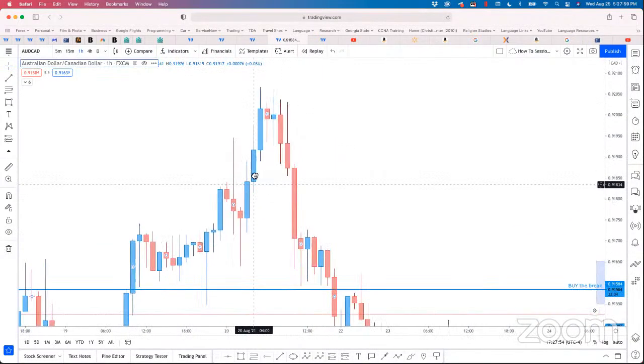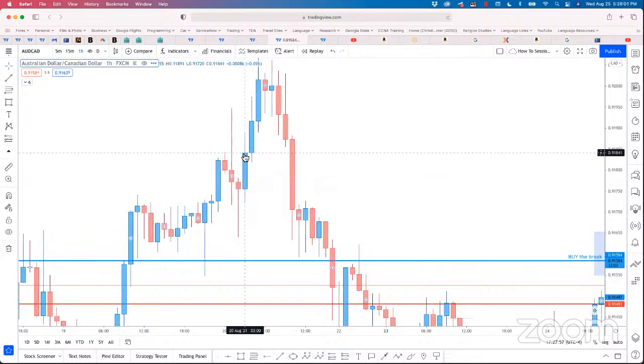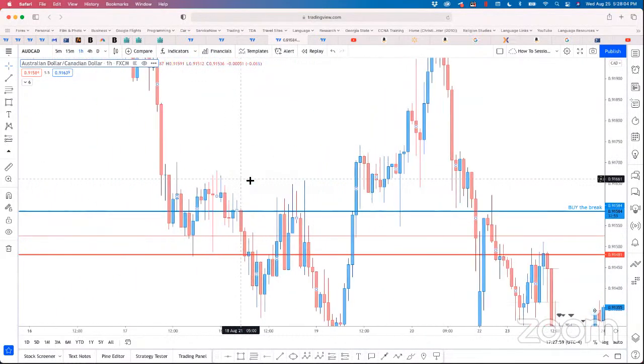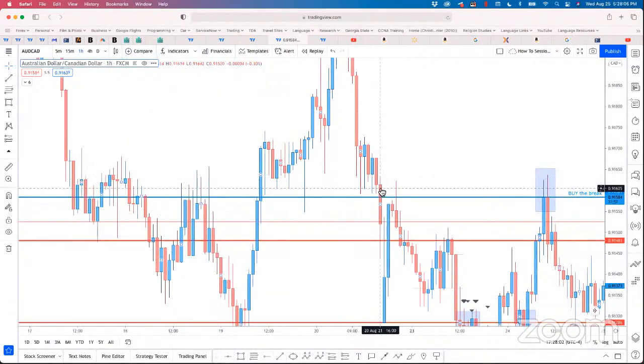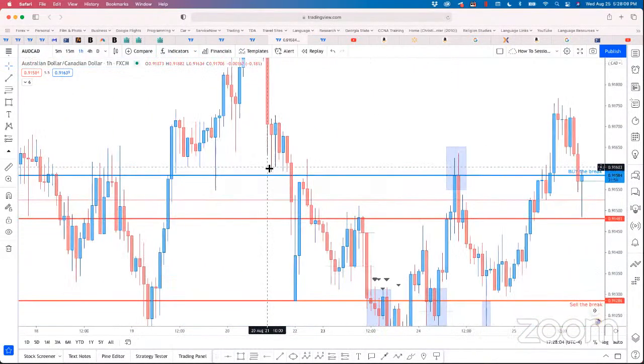Here's another example. If you were looking to buy right here, right? You were like, I want to get in when it rejects this level to go back up, right? But what happened right here? We had the wick rejection right here, here, here, here, and here. But then what do we have on these candles right here?